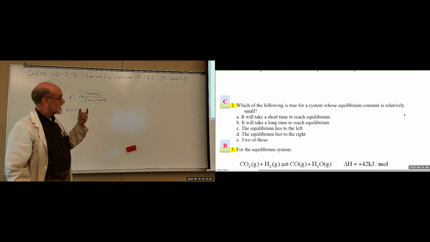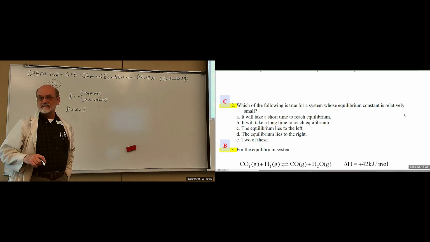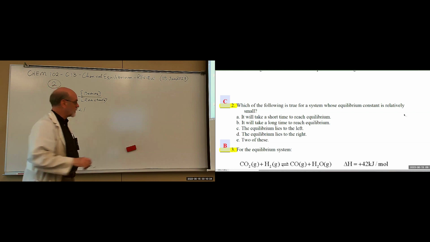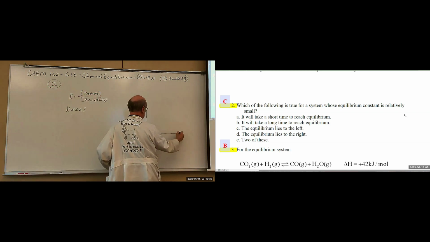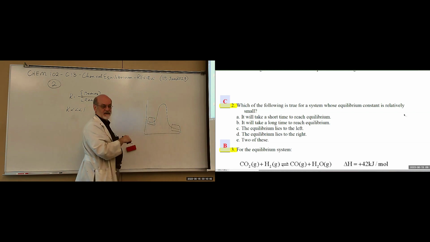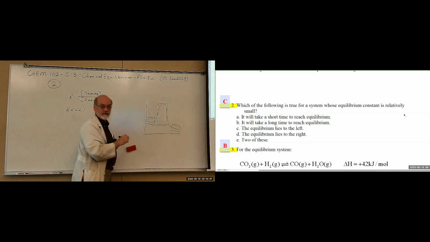Does it have anything to say about the time it takes to reach equilibrium? No. Right? Equilibrium is only concerned with this part and this part. How long it takes to get there is this part. That's kinetics. Right?